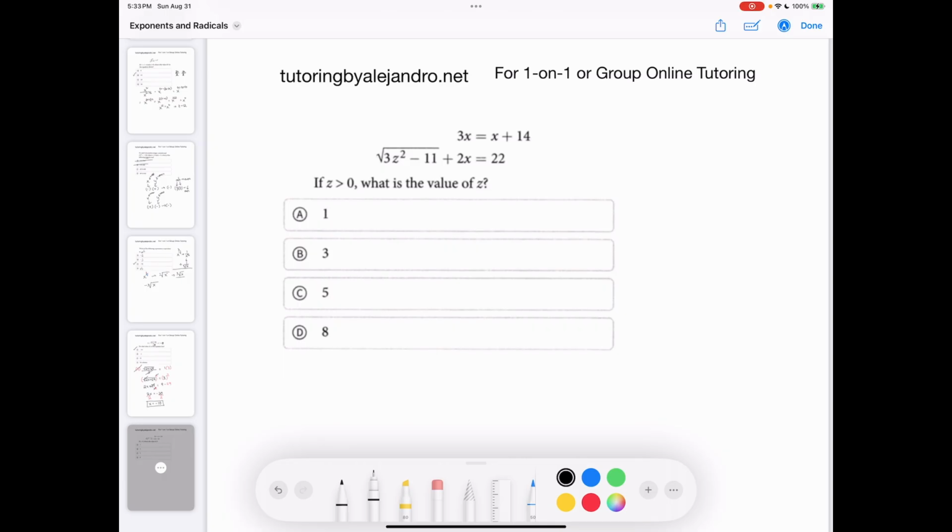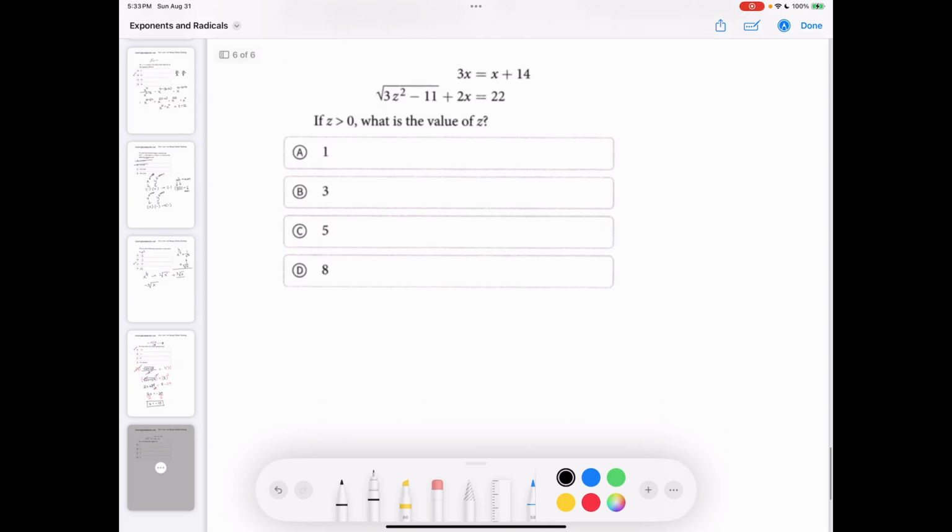They give you the two equations and they say if z is greater than 0, what is the value of z? So we need to isolate z. But there are some extra steps that we need to take into account. Let me rewrite this: 3z squared minus 11 plus 2x equals 22.